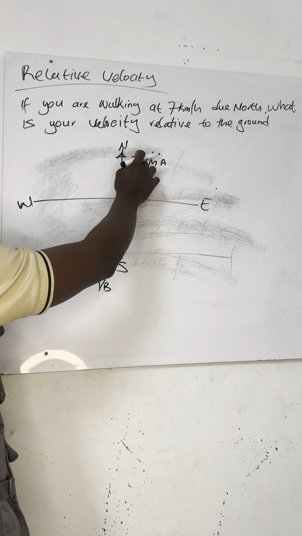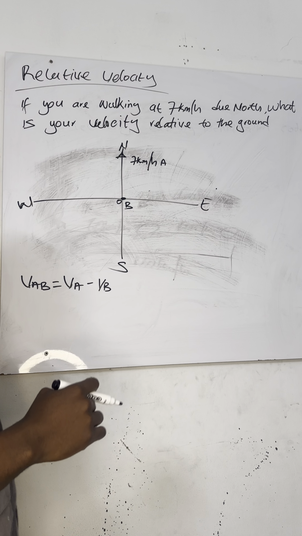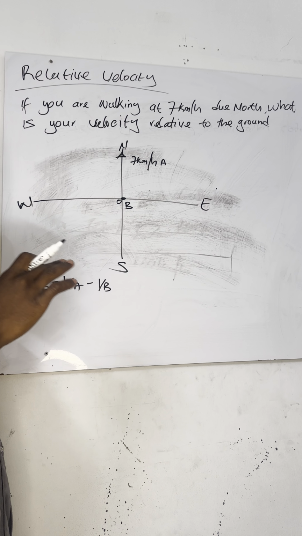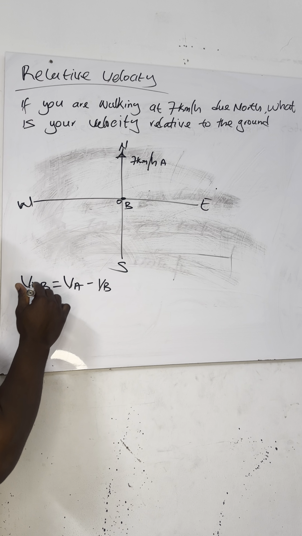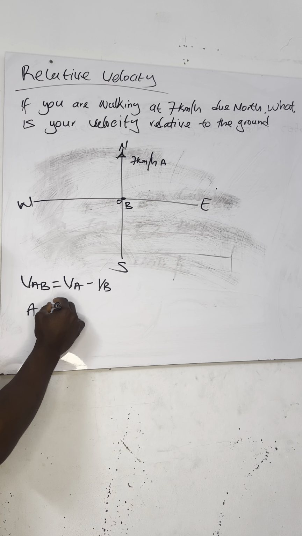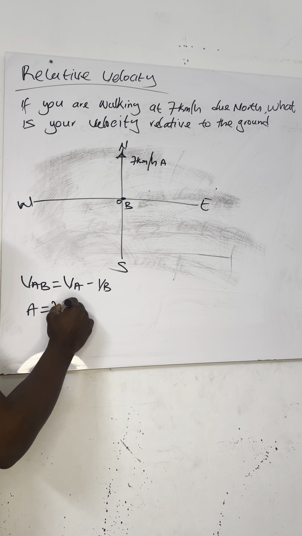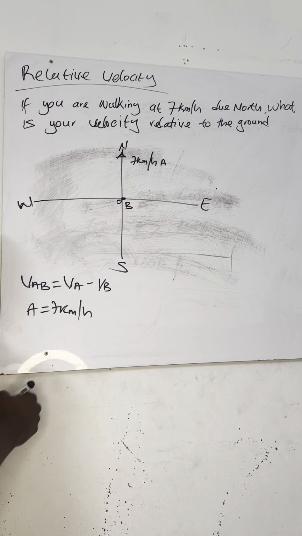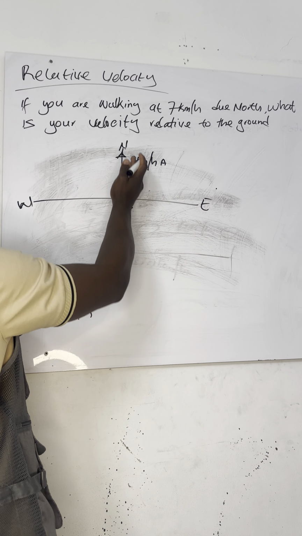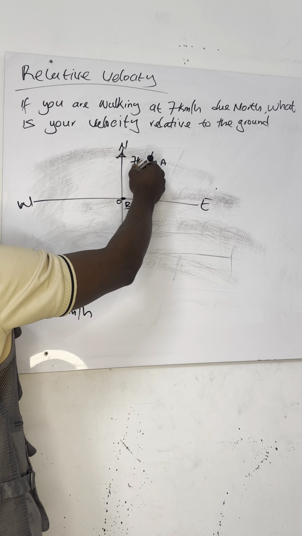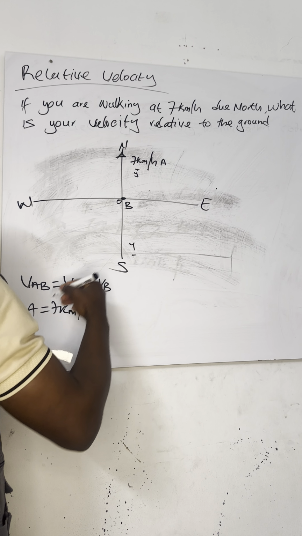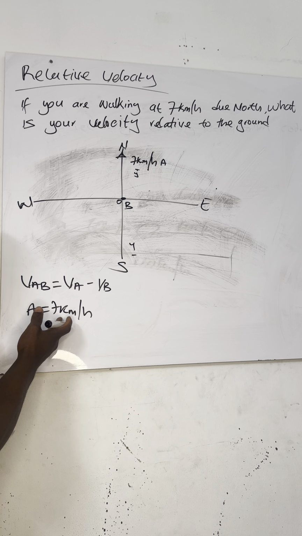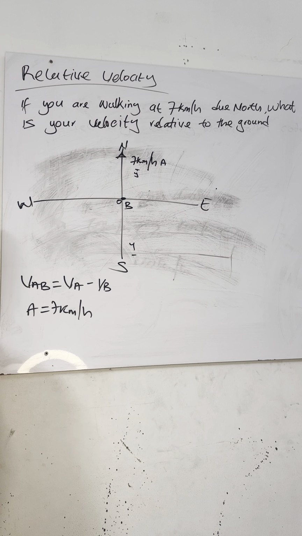Your velocity, which is A, is equal to 7 kilometers per hour. I told you that if a force is moving upward, the y direction is positive, and if it's moving downward, the y direction is negative. So you are moving upward, so it's positive 7 kilometers per hour.